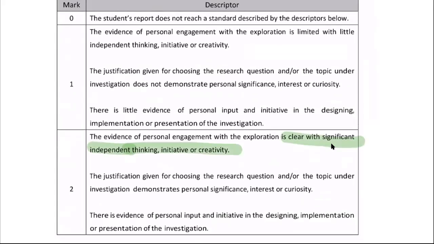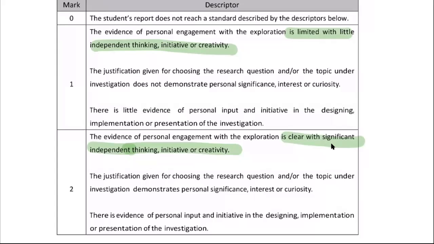Up here, it says it is limited with little independent thinking, initiative, or creativity. So they're talking about the same thing, but if you want 2 marks, it's going to be clear and significant. If you get 1 mark, it's like you tried, but it's limited. And if it's not even demonstrated at all, then you get no marks, okay?